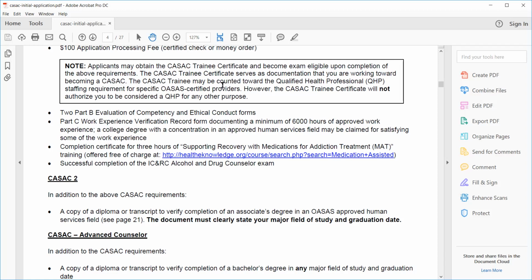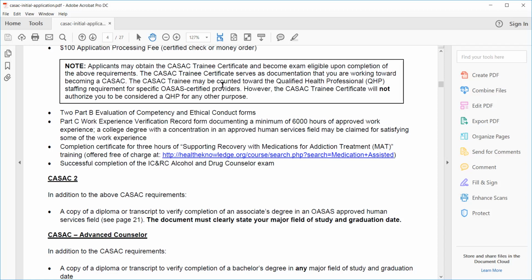Your facility needs a certain number of QHPs, so a K-Sac-T fulfills that requirement for the facility. Also, it should be able to be a bargaining tool for you to get a little bit more money. So this is why we want you to get the application in second semesters. And as soon as you are done with our program, get out there, get into a facility and start working.